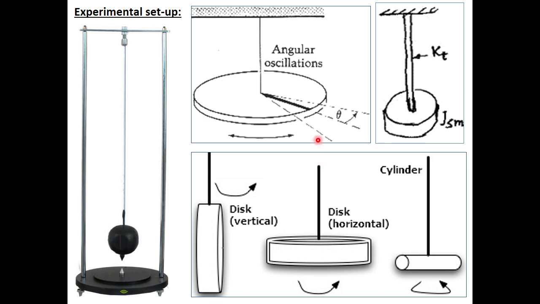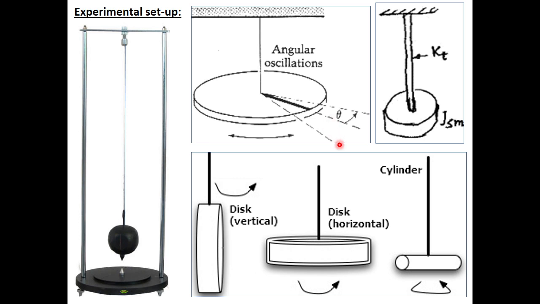Then we will give a small twist to it, and we will observe the time period of oscillation. Usually a number of oscillations are allowed, 10, 20 or something, and then the total time is divided by this number, and we get the time period of oscillation.